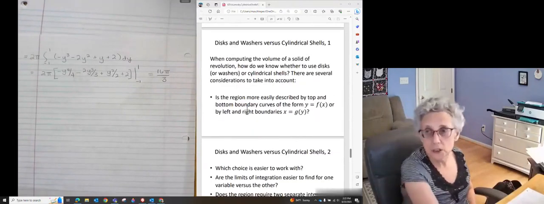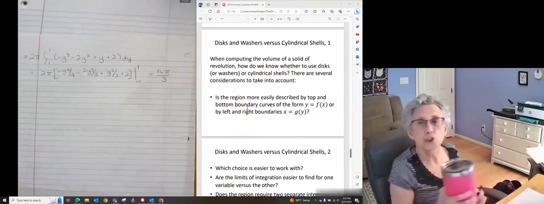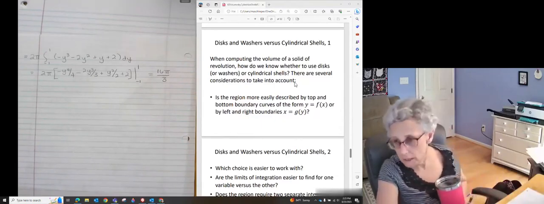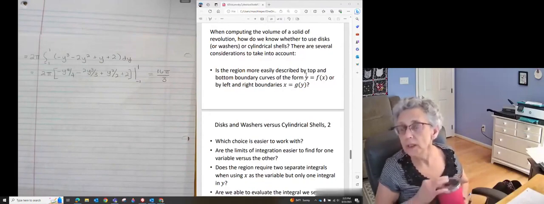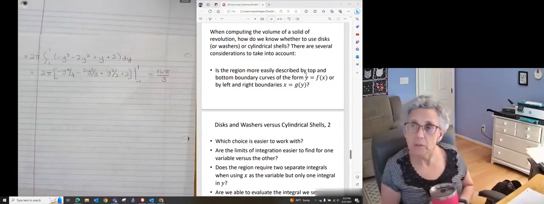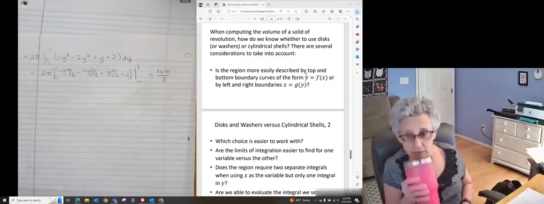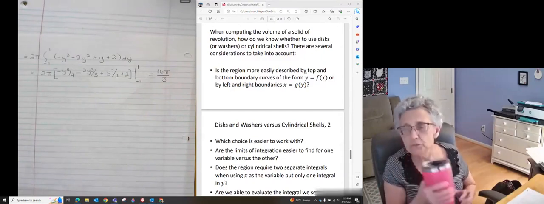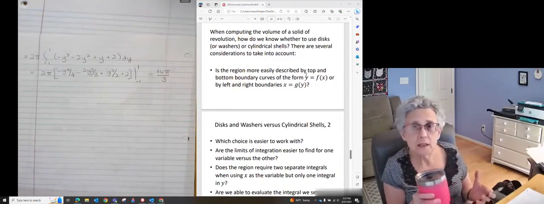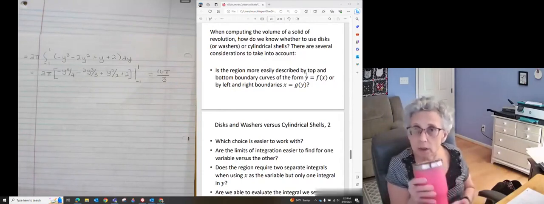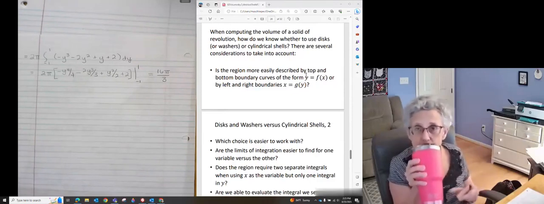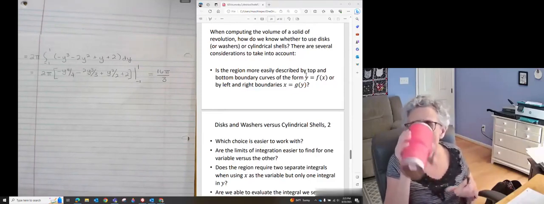Okay, disk versus shells. Do whichever one is easy. Is the region more easily described by top and bottom or by right and left? If you're given functions with x's in them, maybe you want to integrate with respect to x, and that will define your choice.